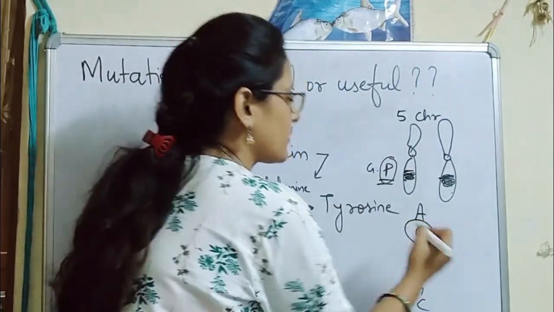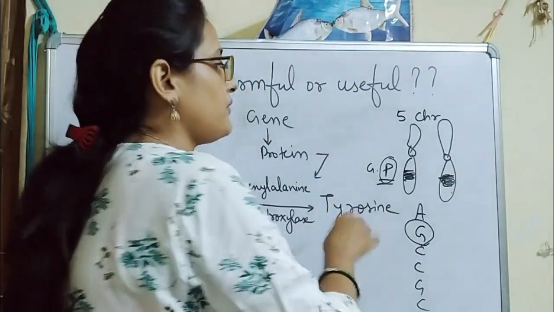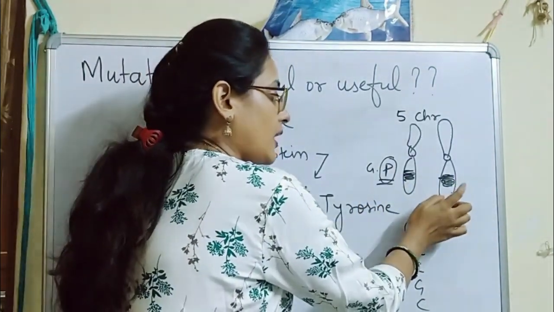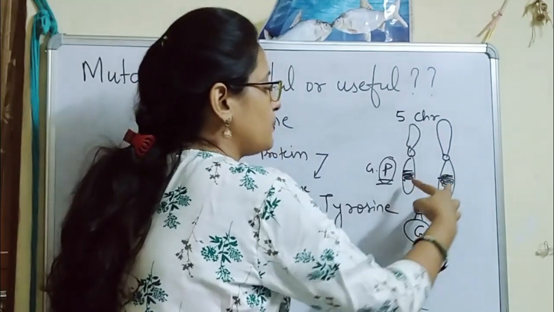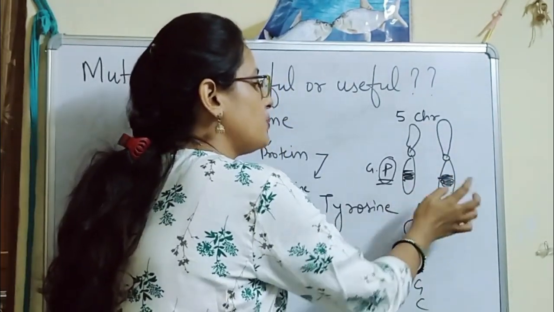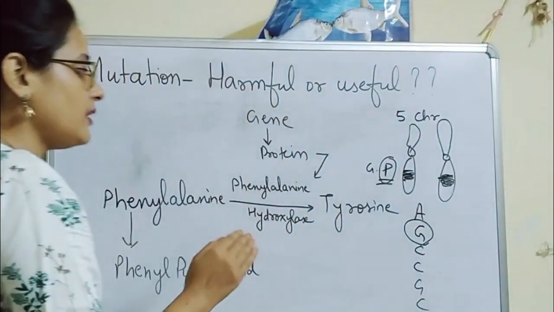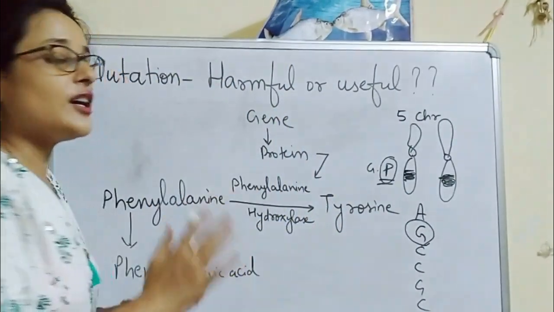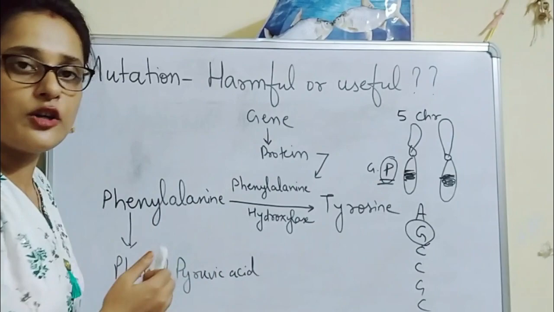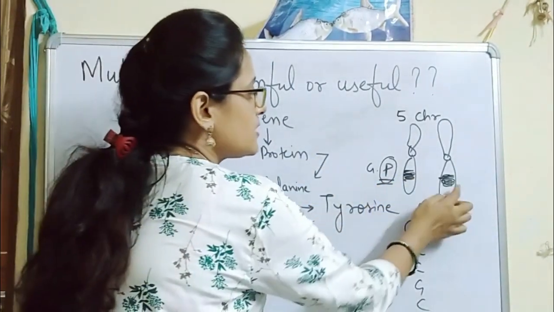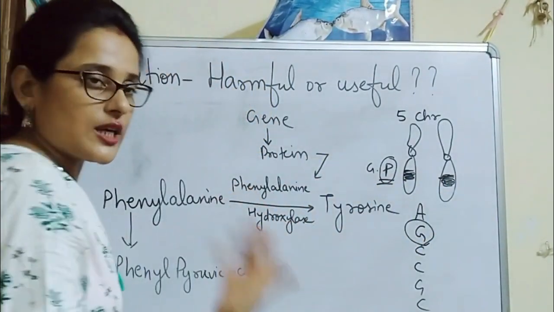G, let's suppose. If the same type of mutation takes place in the homologous chromosome also, that is, both the genes present in both the chromosomes undergo mutation, then there will be no functional copy of phenylalanine hydroxylase, as both are now changed sequences.